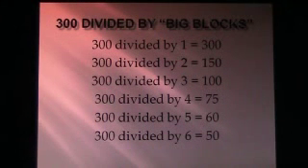Essentially, if you line a QRS complex up on one of those 5 millimeter lines and then you count across each 5 millimeter line, each time taking the number of blocks that you've covered and dividing that into 300, you'll get a sequence that goes 300, 150, 100, 75, 60, 50. We get the sequence of numbers by counting the number of big blocks in one R to R interval and then dividing that number into 300, giving us the numerical sequence 300, 150, 100, 75, 60, and 50.